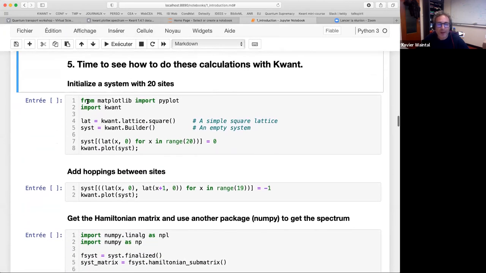Here we are. So the first thing that we do is we import Kwant, right? So everything is written in Python. So it's a very simple, very expressive language. So the first thing we need is to import Kwant. That's a library that does the job. And also I will import this library, pyplot from matplotlib, that actually allows us to do the plotting.